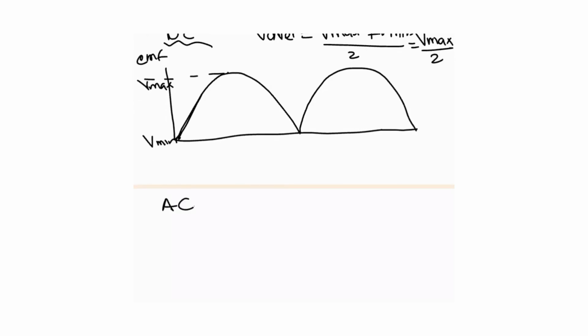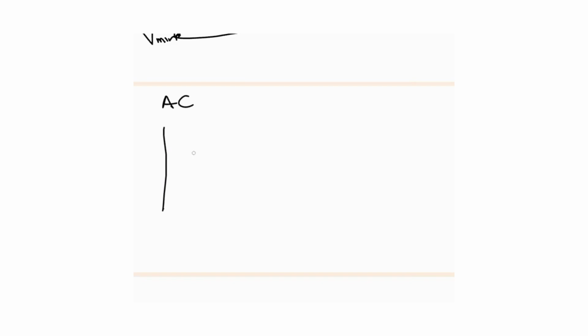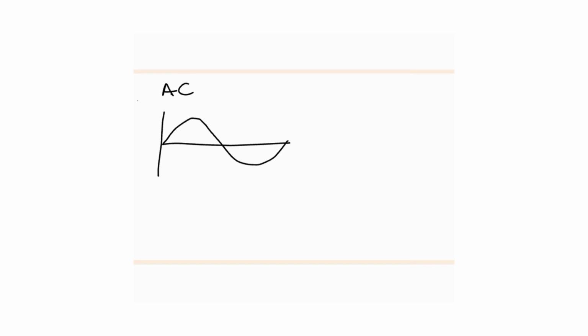Then can we find the average from our AC graph? Let us check that. I'm going to try and squeeze them there. So we have AC over there, and we know the shape already, and we have EMF, we have Vmax, we have V minimum. The graphs should be the same, so V minimum and V maximum must be the same in magnitude.